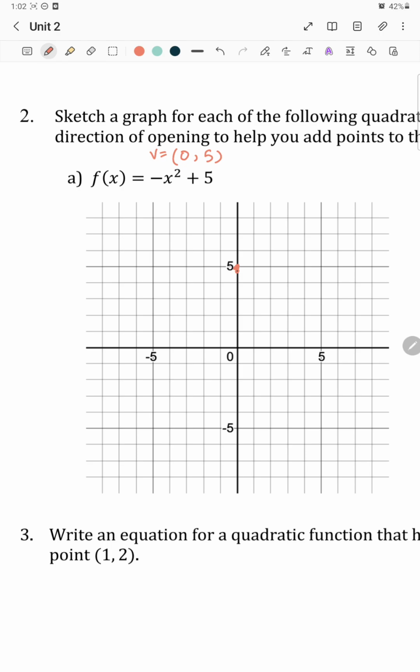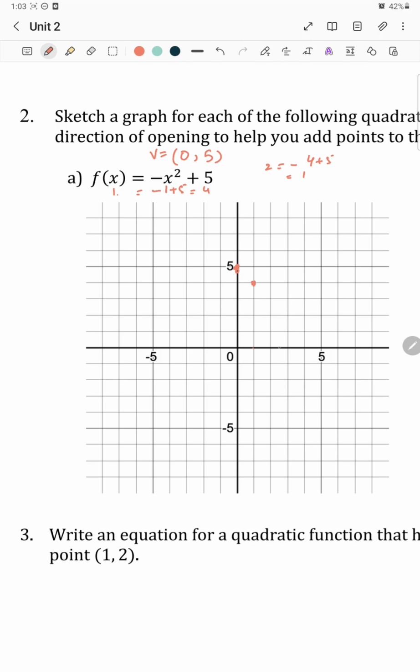So for f of 1, it's going to be -1 plus 5, which is equal to 4, so 1, 4. For 2, it is -4 plus 5, 1. So for x equal to 1, y is 4.